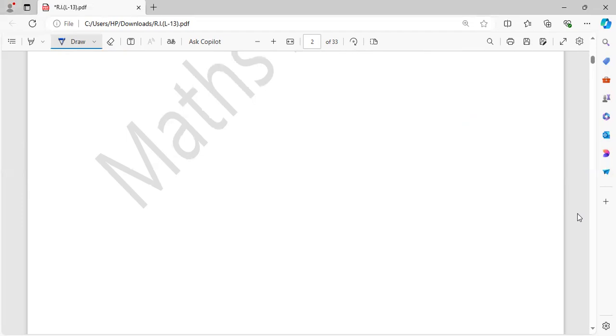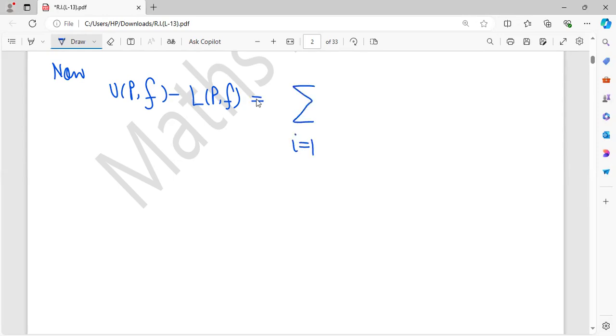Now U(P, f) minus L(P, f) is equal to the summation i goes from 1 to n of (capital Mi minus small mi) delta xi. But f is monotonically increasing, then what will be capital Mi?